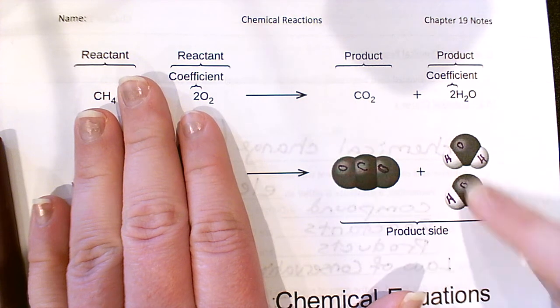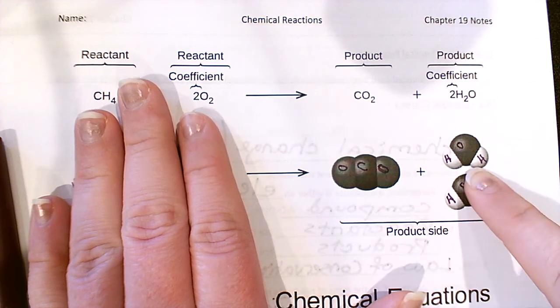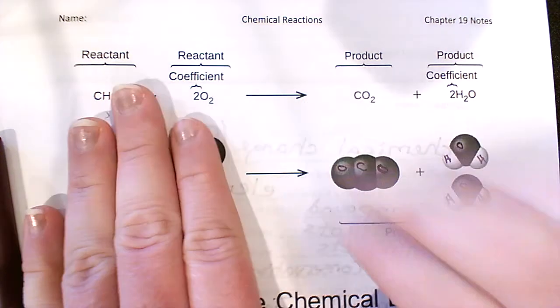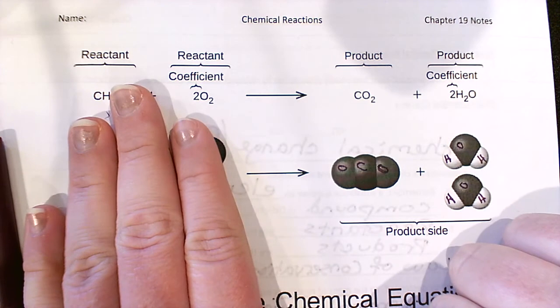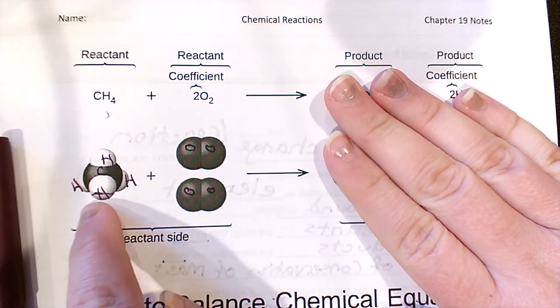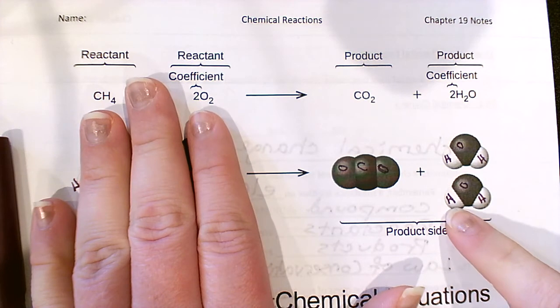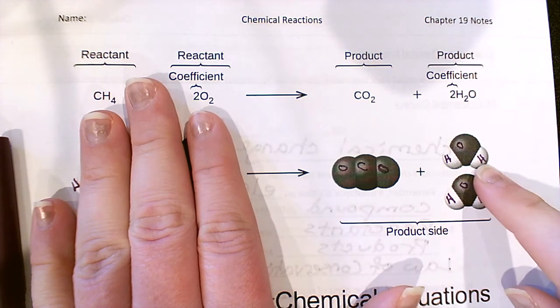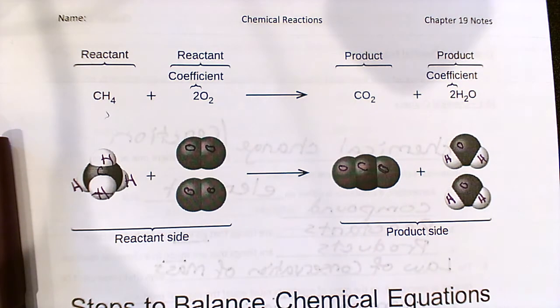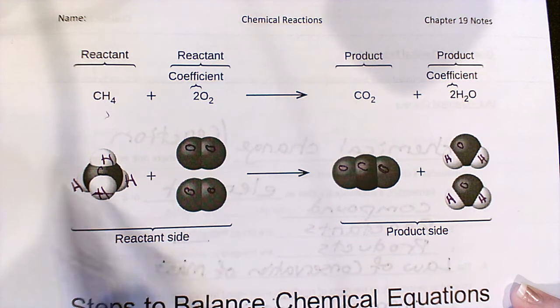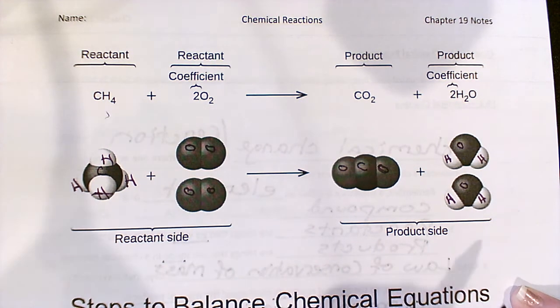They're kind of spread out all over the place, some here and some here, but I still have 4 oxygens. Hydrogens, I have 1, 2, 3, 4, and in water, hydrogens over here, I have 1, 2, 3, 4. Since each element has the same number on this side as on this side, it's balanced.